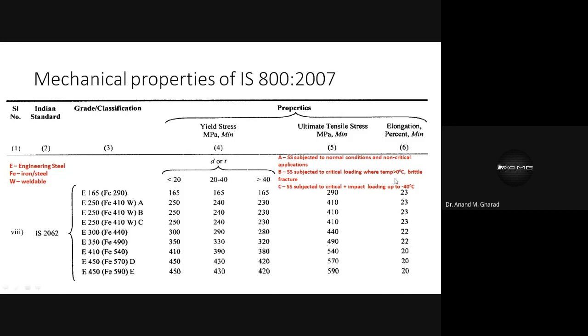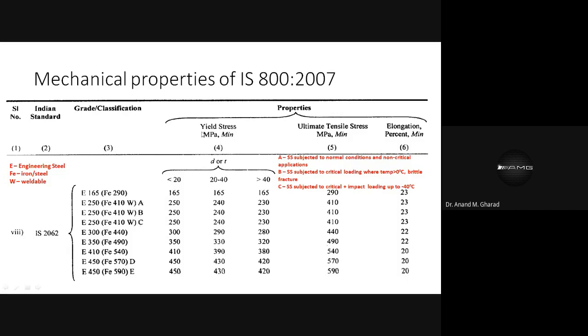For that, if the temperature is greater than 0 degrees, only then can we make use of B. For C, structural steel subjected to critical plus impact loading, and if the temperature is up to minus 40 degrees Celsius, then we can make use of this steel. So you can consider this to be the fittest one for all conditions, except for the temperature, right? So depending on various situations, all these grades can be made use of.